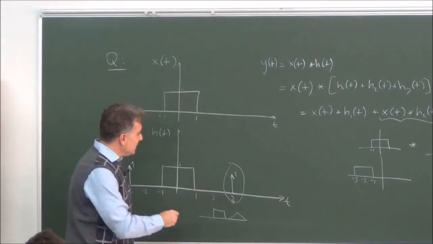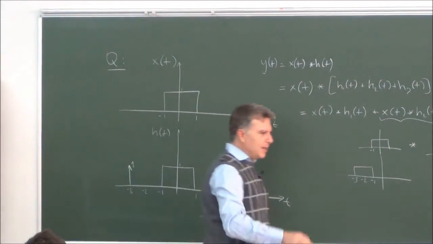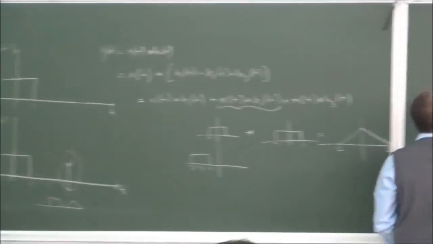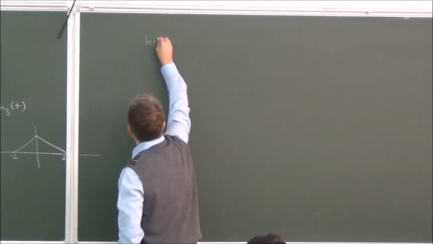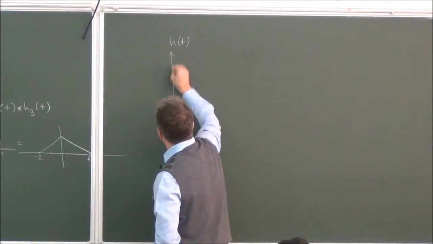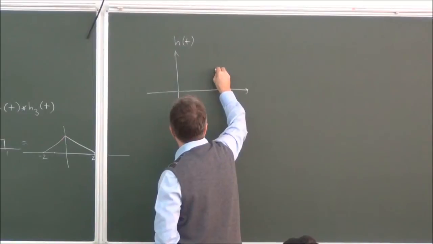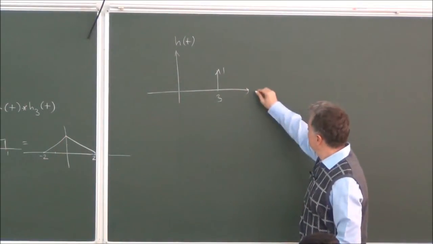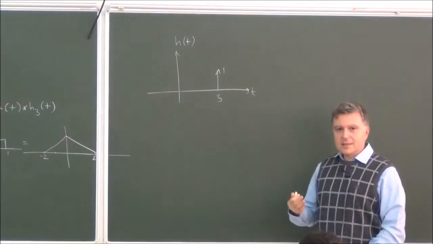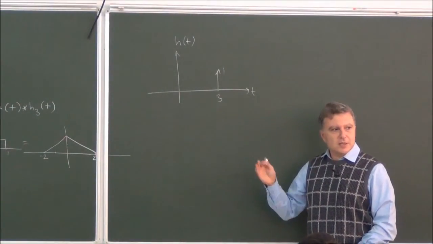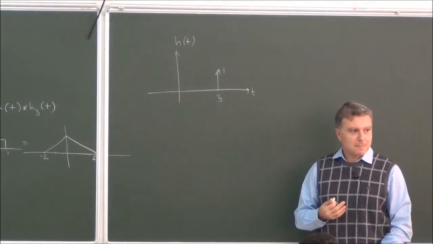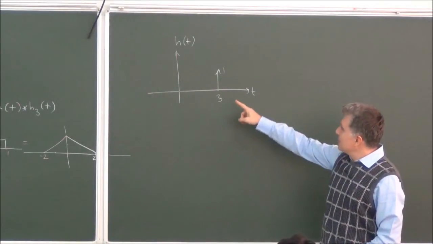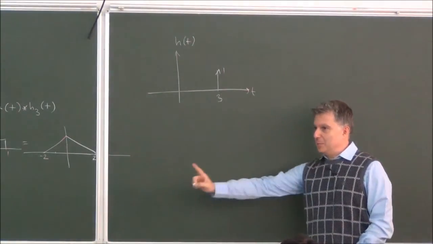As a matter of fact, this system, let's forget about everything and let's only consider this kind of a system. h of t is this. What does it say? It says that the system is just a shifting system. So impulse response is another impulse shifted by 3.